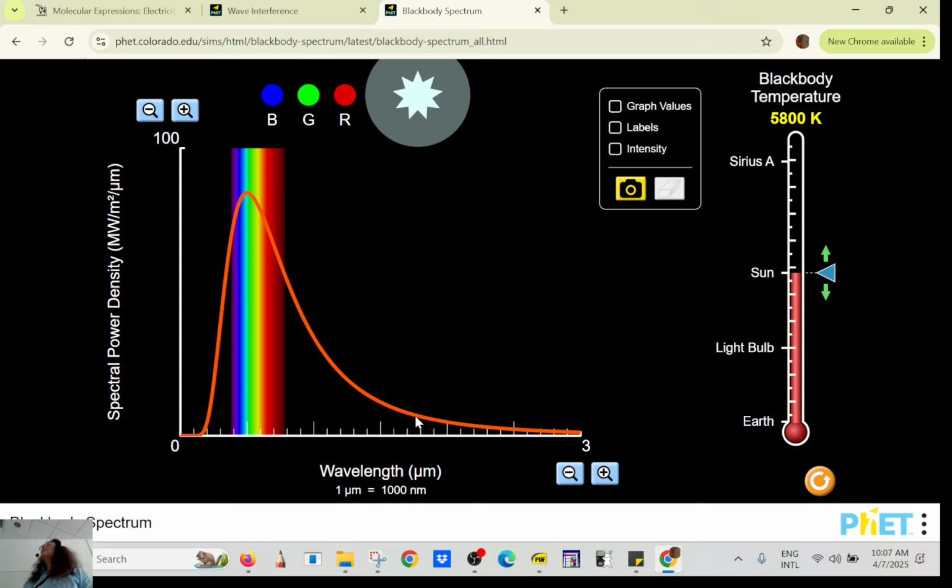What it says is that if you take a prism, and that is called spectroscopy, you look at the light coming from a star, you have a prism, and you're going to split the light into its component wavelengths, right? And you're going to look at which wavelength will peak.